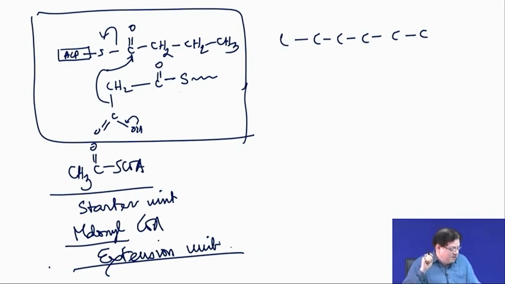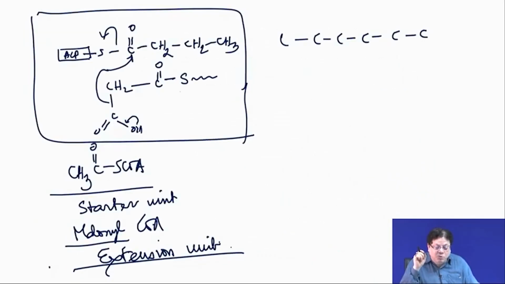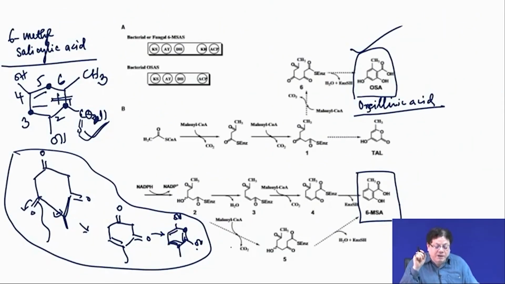Okay. So, if that is clear, then we can slowly move into the earlier problem again, where we got a little bit stuck. See, this was what we said, OSA or selenic acid. Okay. So, that compound, remember, how many carbons are there?